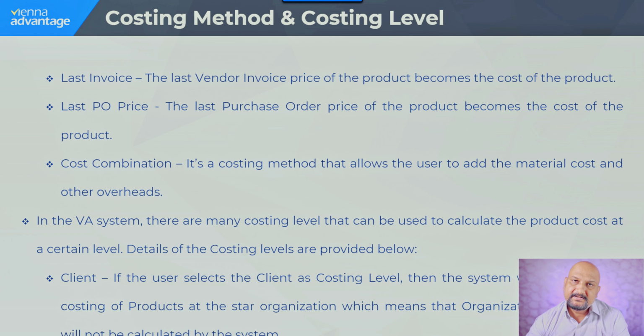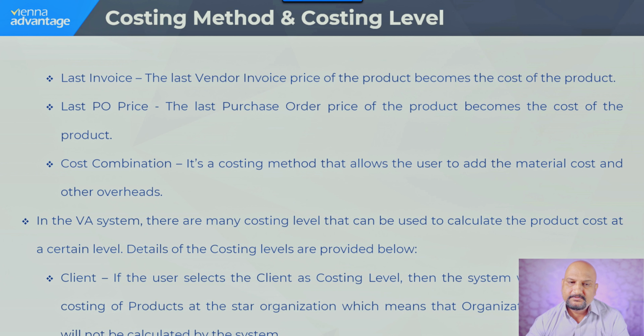The next one is the last invoice. The last invoice is basically where the price of the last vendor invoice or AP invoice becomes the cost of the product. Whereas in terms of the last PO price, the price of the last PO becomes the cost of the product.